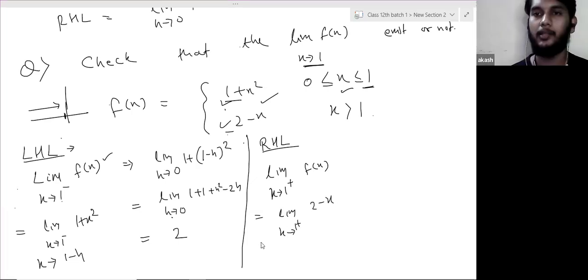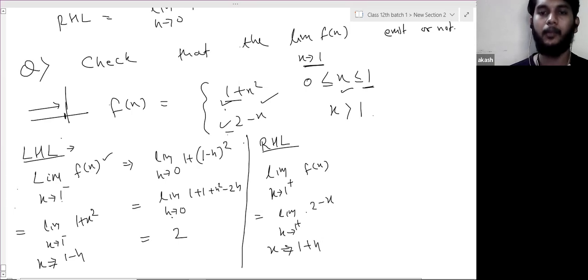Should we put x equals to 1 plus h? All right. On the right hand side limit, always put x equals to 1 plus h. On the left, 1 minus h.